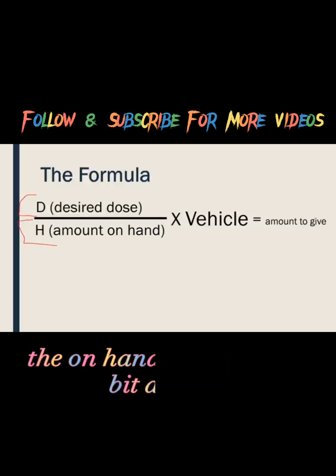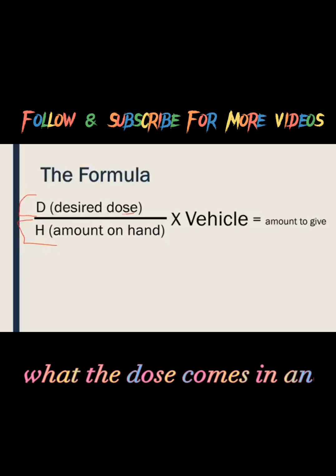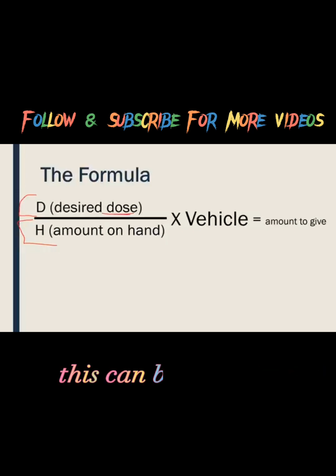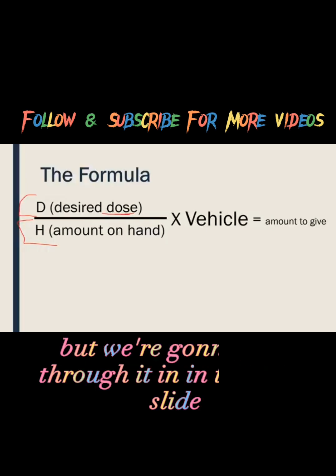The on-hand dose is a little bit different. It's what the medication comes in, the actual dose that it comes in. This can be a little bit complicated, but we're going to run through it in the next slides.